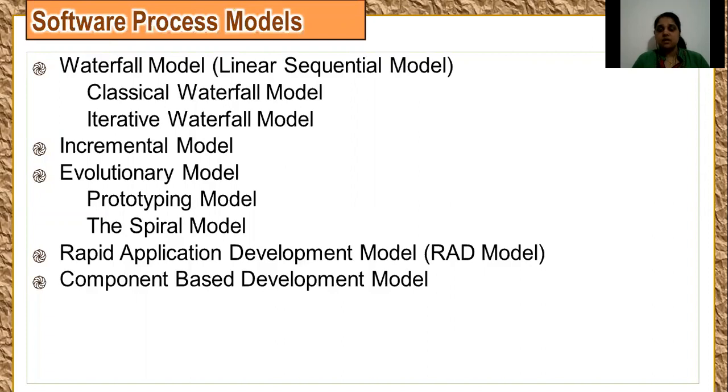So these are the various functions that a library management software should possess. Now we will see the two different models of the evolutionary process model, that is prototyping and spiral model, in detail.